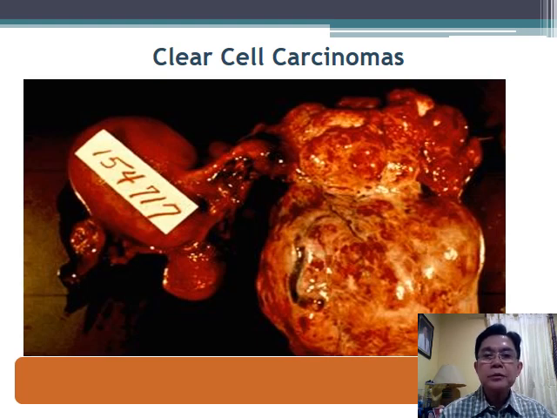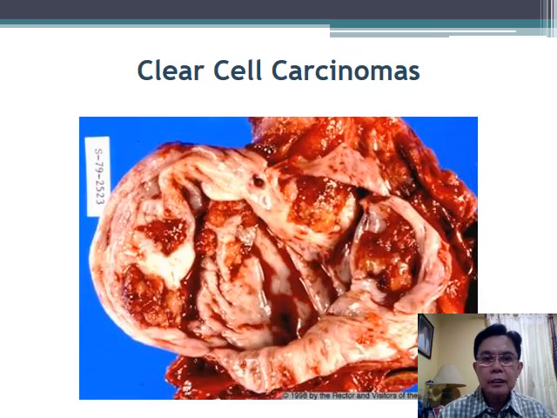The relationship with endometriosis is strongest among all the types of epithelial cancers. Clear cell carcinomas can be strongly associated with endometriosis. Clear cell carcinomas are also called mesonephromas.